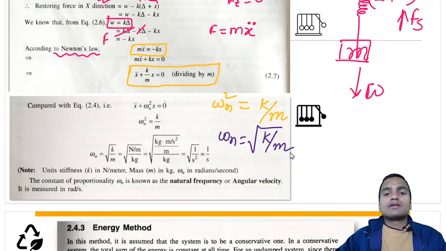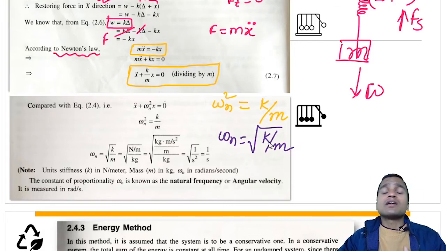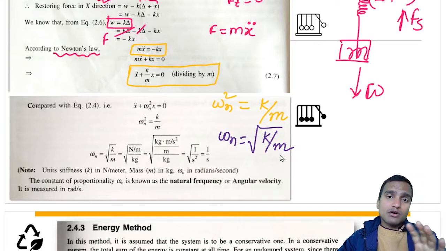Here k is the spring constant in units of Newton per meter, and m is the mass of the block. k is an inherent property of a spring, and mass is the inertia property of the block, so omega n will also be an inherent property of the spring mass system.